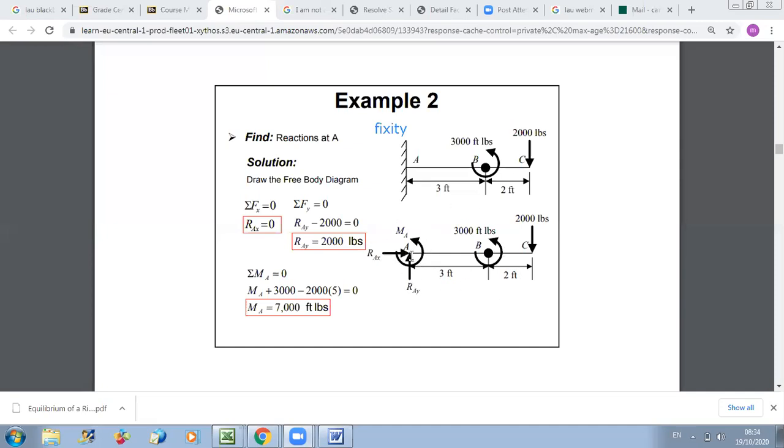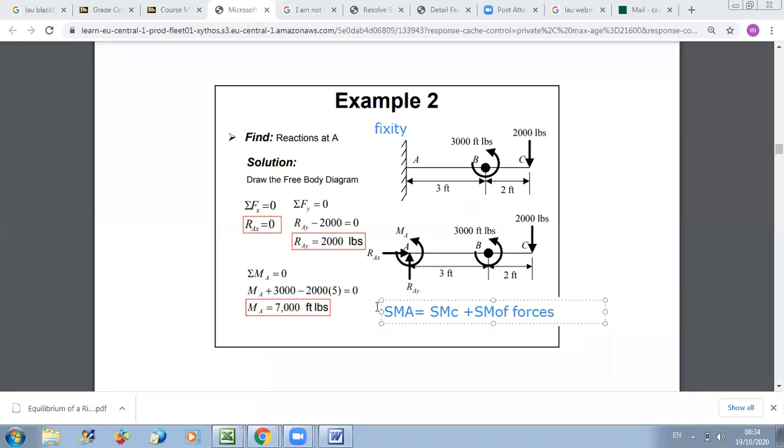So when I do sum of moment about A, I will account for all moment couples and for moment of forces. So the general formula is that sum of moment about A is equal to sum of moment of couples plus sum of moment of forces.